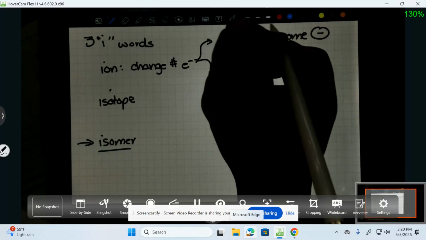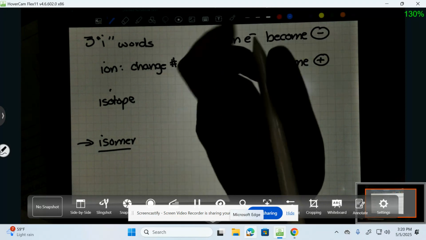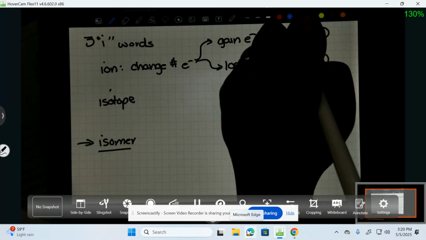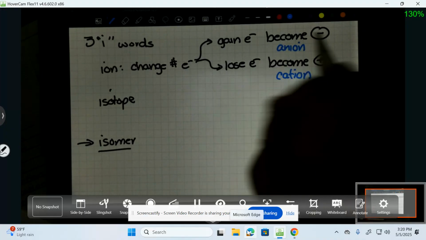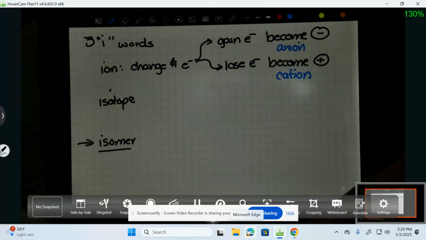A negative ion is called an anion. What's that? Oh, I'm sorry. Positive ion is a cation. Negative ion is an anion. Okay? So ions change the number of electrons. You're not changing proton number. You're not changing neutron number. You're only changing the electron number.